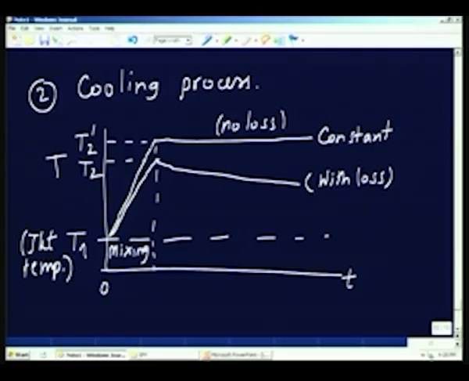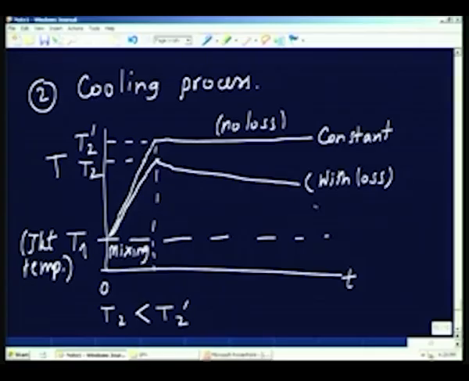So, if you have a loss, the temperature is going to be lower. So, we can say T2 is less than T2 prime, and with the loss the temperature is going to come down continuously, and after long enough time, it will come back to the room temperature or the jacket temperature.